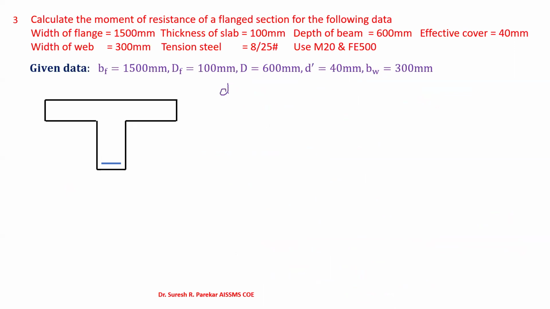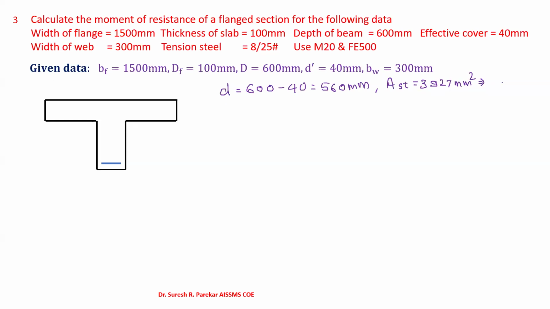So small d we have 600 minus 40, which is 560 millimeters. And then we have AST. AST equal to 8 bars of 25 torque, and I got this value, 3927 millimeters square.